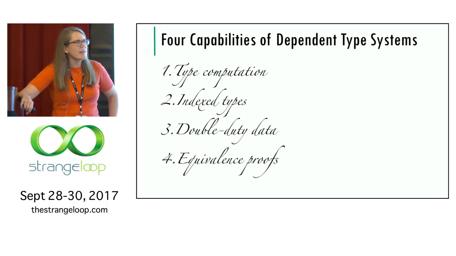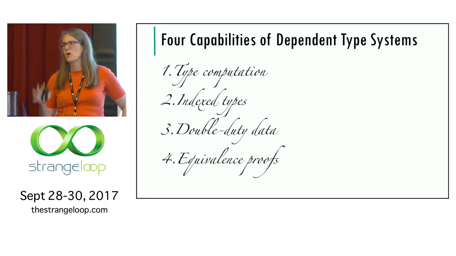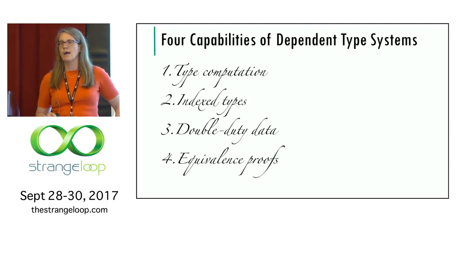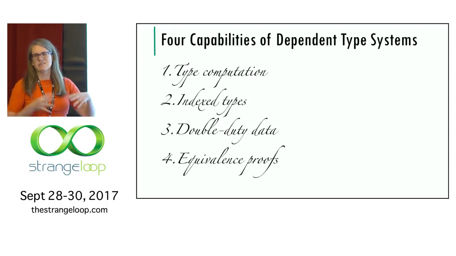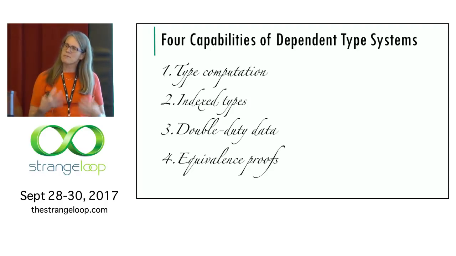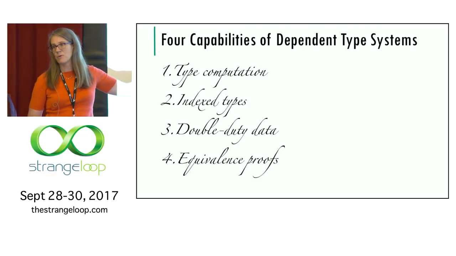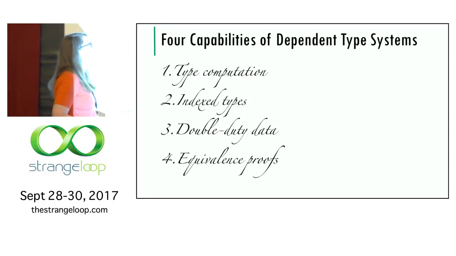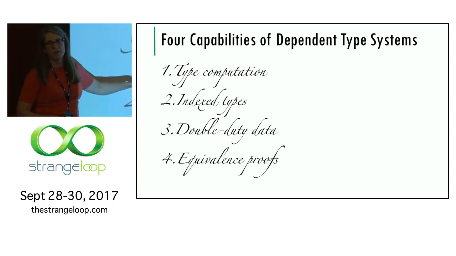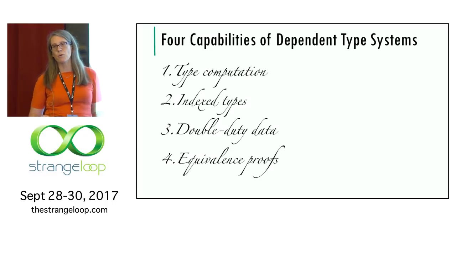So I've taken the idea of dependent type systems, asked what they provide, and isolated four different things that are related to each other. These are four capabilities that your type system can provide, that this example takes advantage of, and that I'm using to implement this library. I'm going to walk through each of these four capabilities, explain why it's important to this example, and what is going on in GHC to support it.